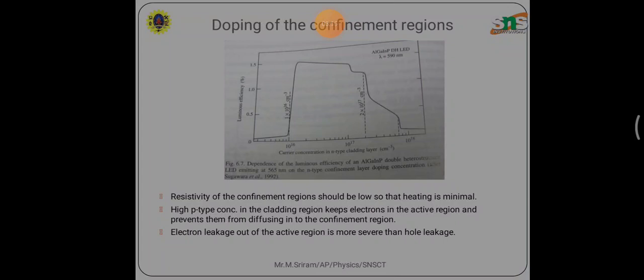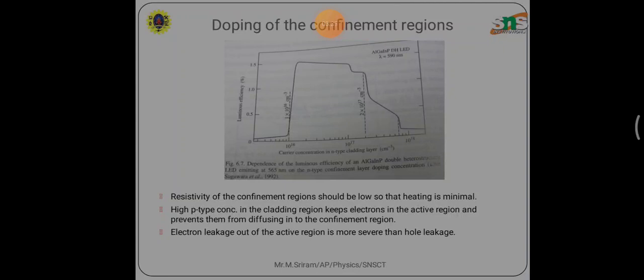So resistivity of the confinement regions should be low so that heating is minimal, and high p-type concentration in the cladding region keeps electrons in the active region and prevents them from diffusing into the confinement region.